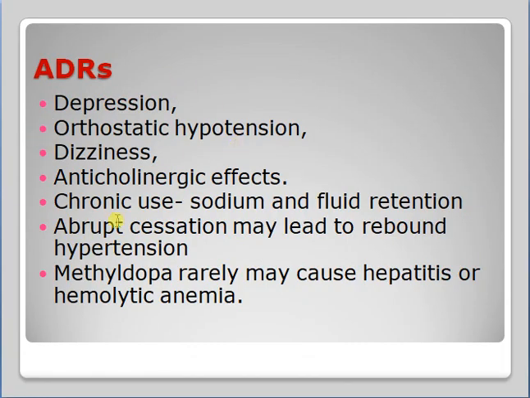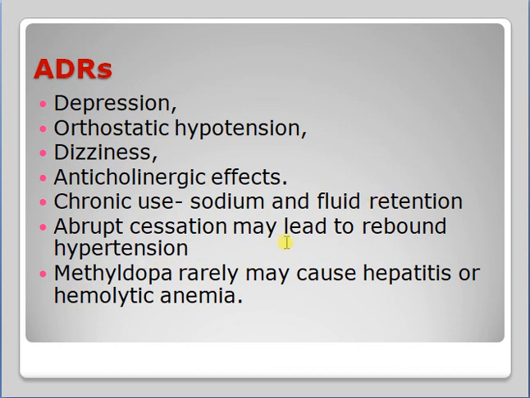So here are some adverse effects associated with the centrally acting alpha 2 agonists: depression, dizziness, anticholinergic effects, and after administration for a chronic period of time they can cause sodium and fluid retention. So we have to continuously check the sodium and water levels, or monitor that condition also.